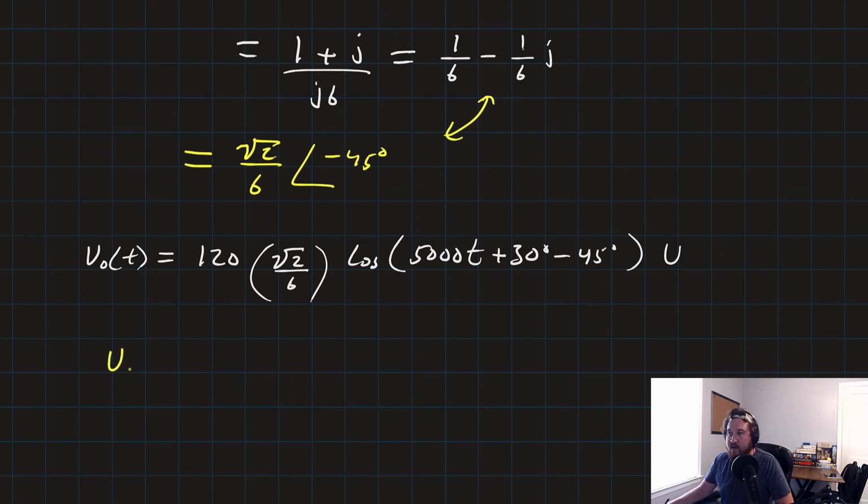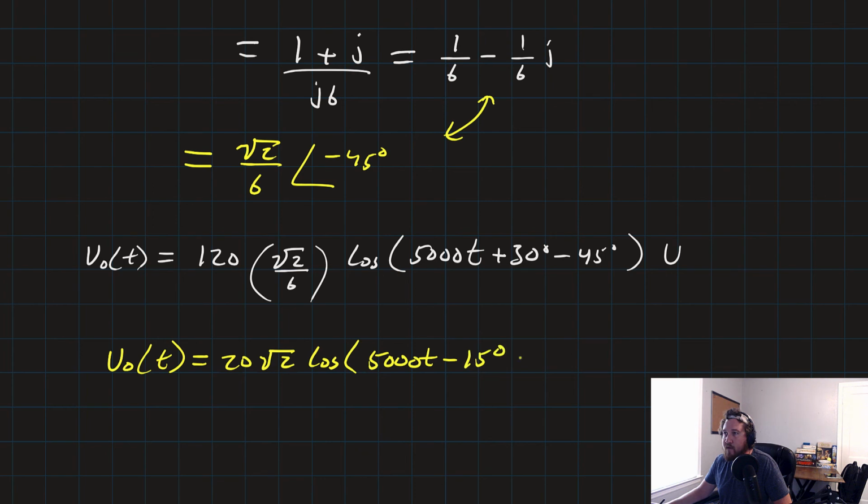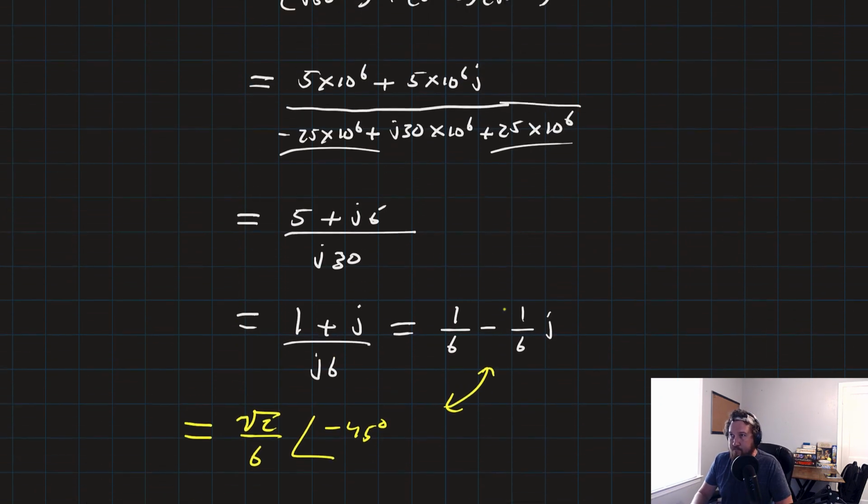If we give it that input signal, V out of t is equal to 120 over 6, which is just, what, 2? No, 20. So 20 times the square root of 2 times the cosine of 5,000t minus 15 degrees in volts. So that's what we need to be able to do in order to analyze our filter circuits that are coming up in the next chapter.